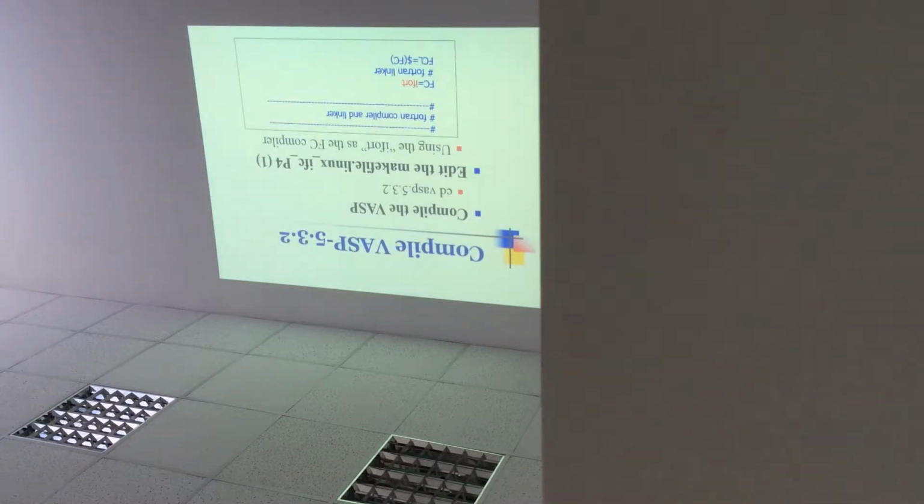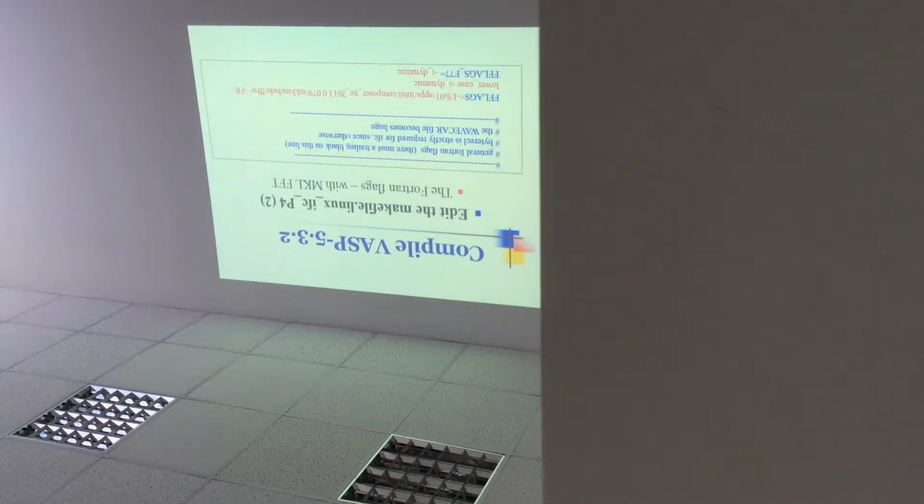Then we should pay attention to this part. Now we try to compare the source code. What we need to do is also change the makefile to choose the correct FC compiler. Then we should link to the FFT flag to find where the FFT lib is located.